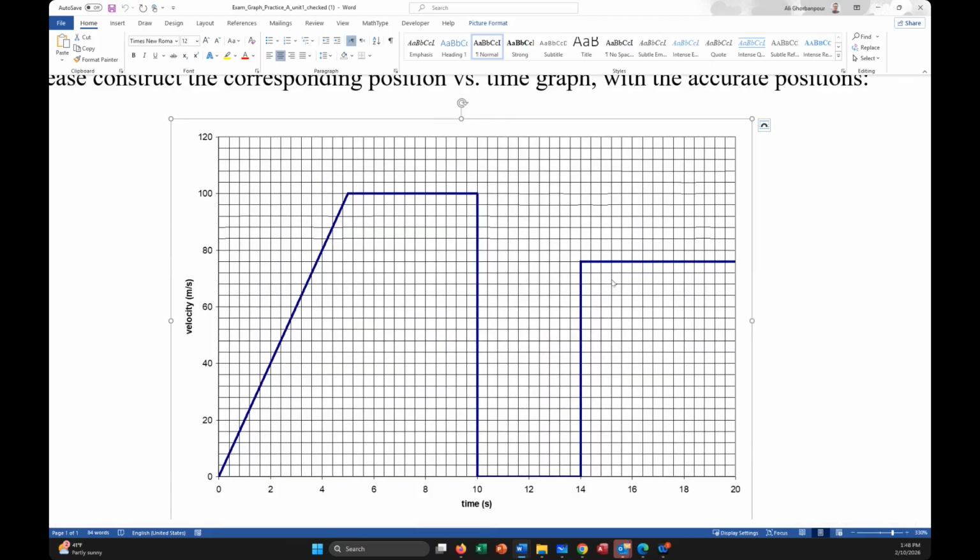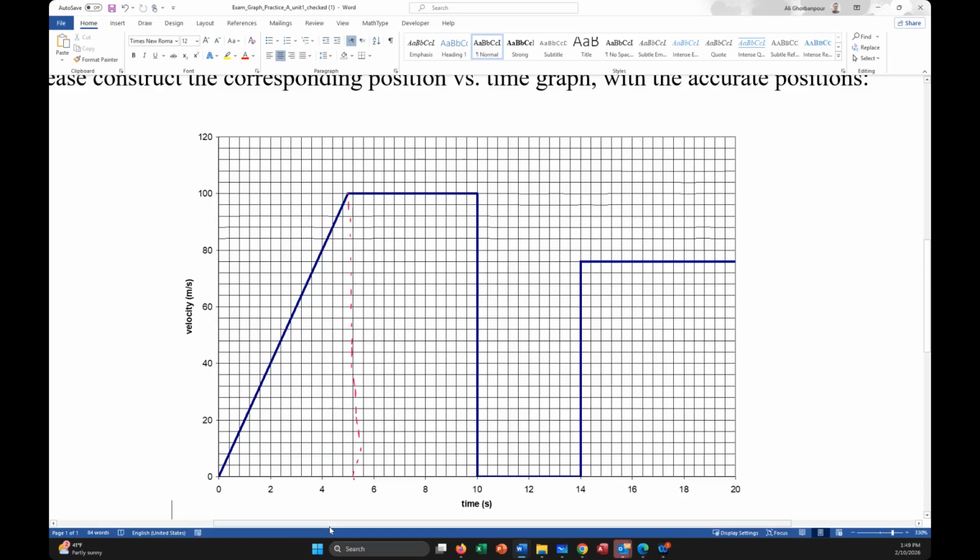What happened from 5 to 10? Constant velocity, still moving to the right. Yes. What is this one? The velocity is stop. Position doesn't change. The position is going to be a straight line, okay?